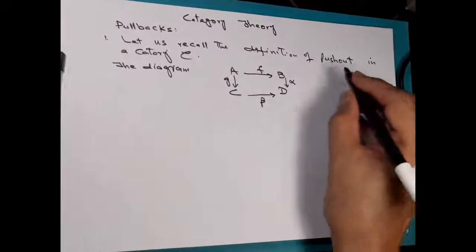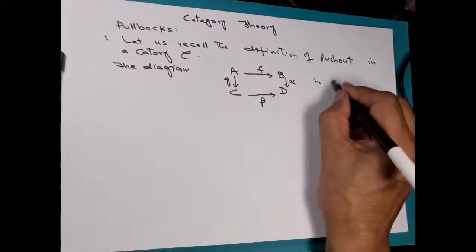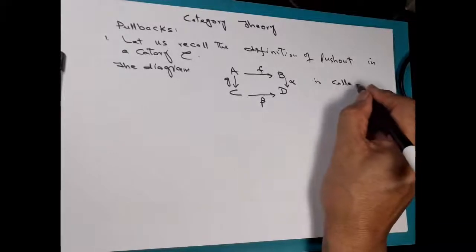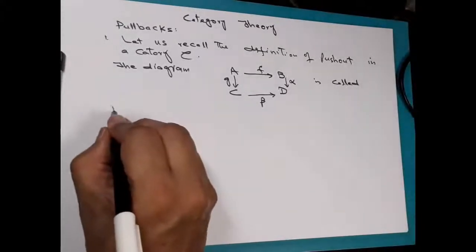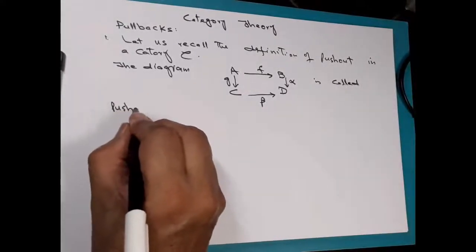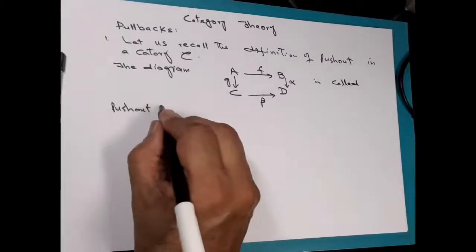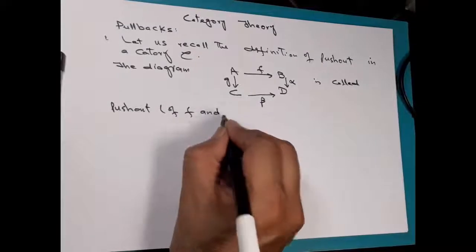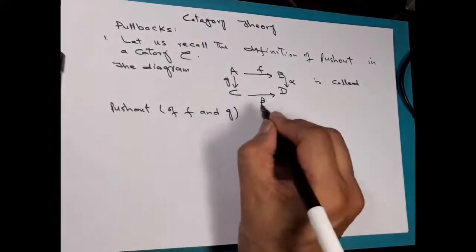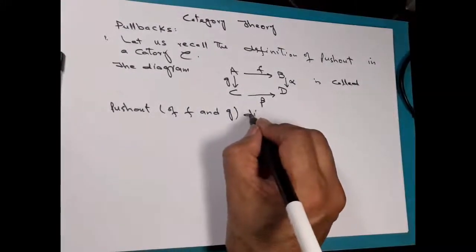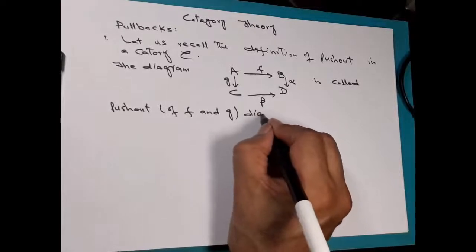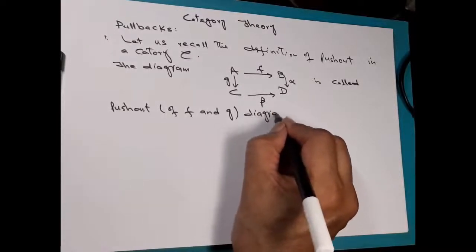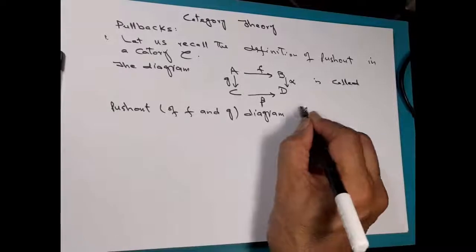So this diagram is called push out of F and G. In fact, we mostly say it this way. So this diagram is called a push out diagram if we have two conditions.